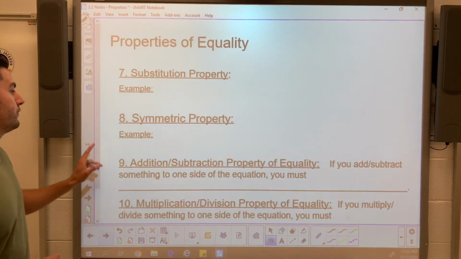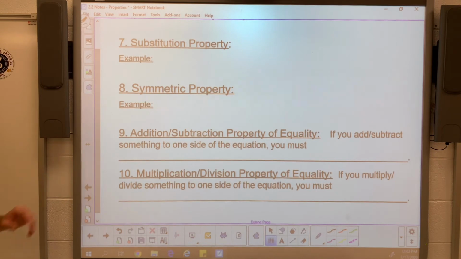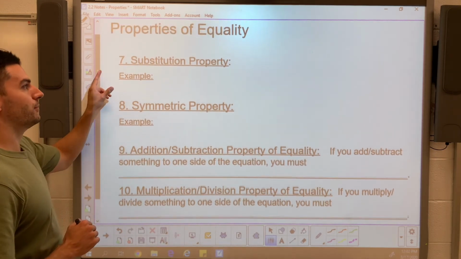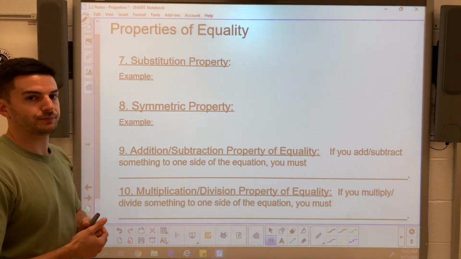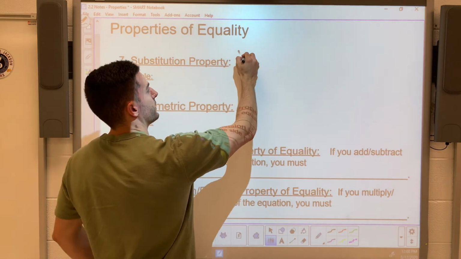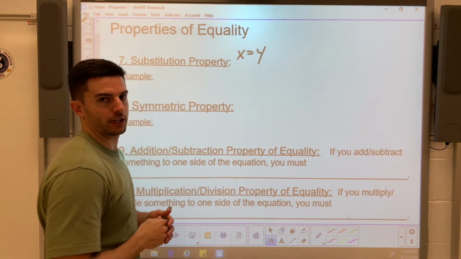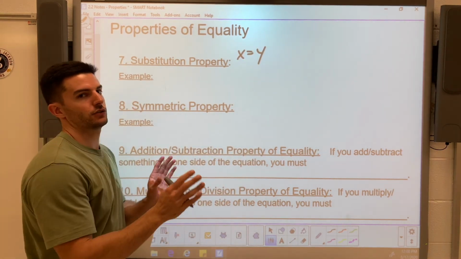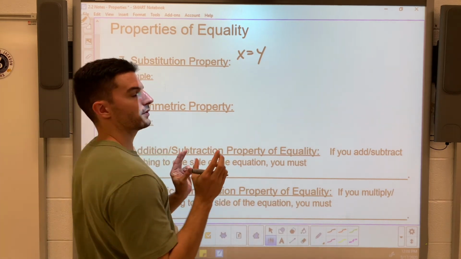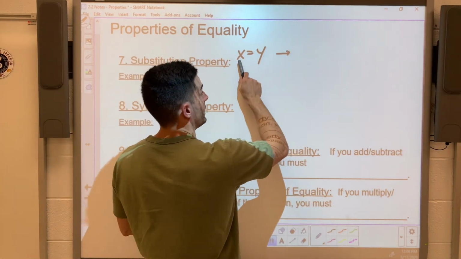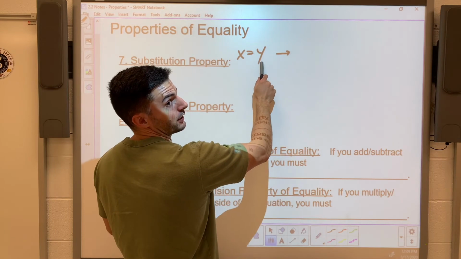Okay, but a few more, 8, 9, and 10, just a few more of these. Substitution property, okay? So if you have a statement like x equals y, those two unknown things are equal to each other.